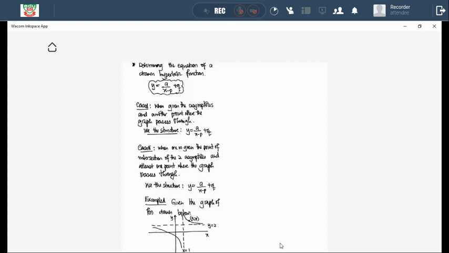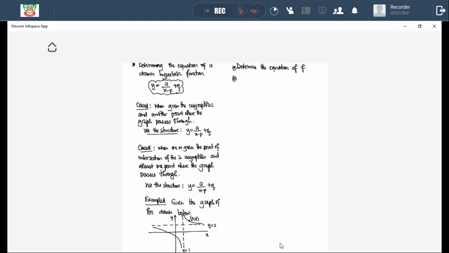Okay, that's your hyperbolic function drawn. The question says determine the equation of your f of x. Okay, that is the first question.